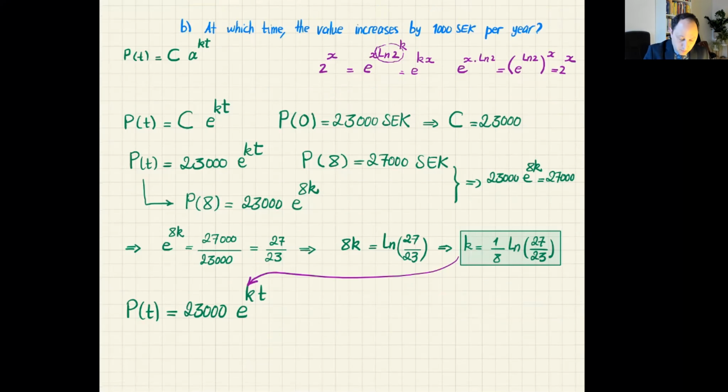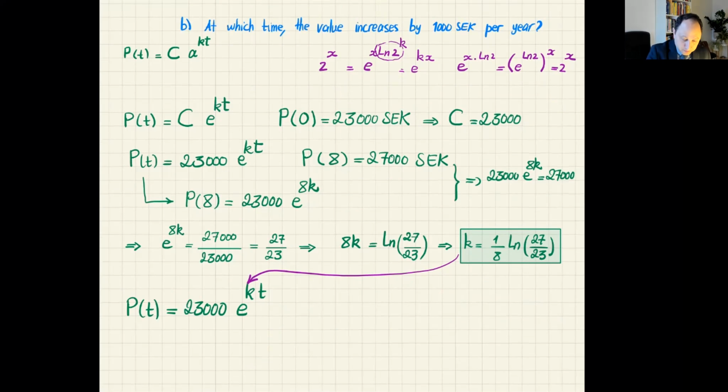Okay, so if you read this sentence, I hope that you understand for part B, this is the question: at which time, so t is unknown, the price increases by 1,000 crowns per year. It means that the derivative, the rate at which the price is changing, is equal to 1,000 crowns per year.